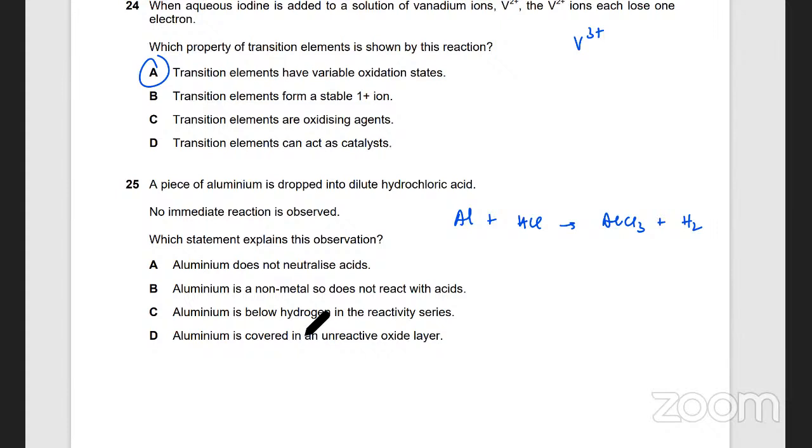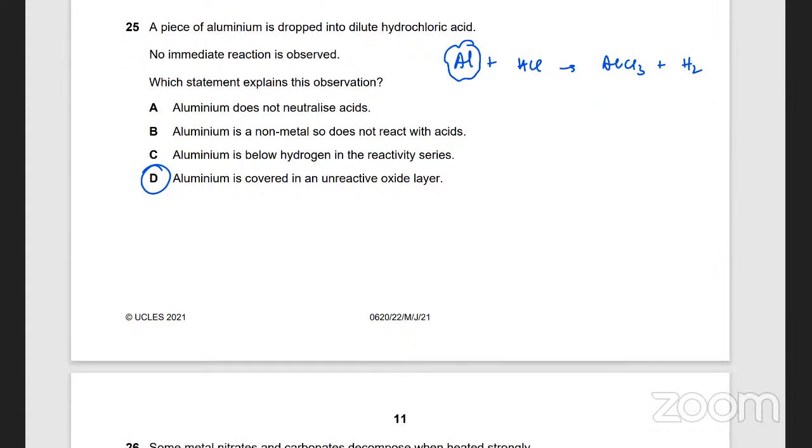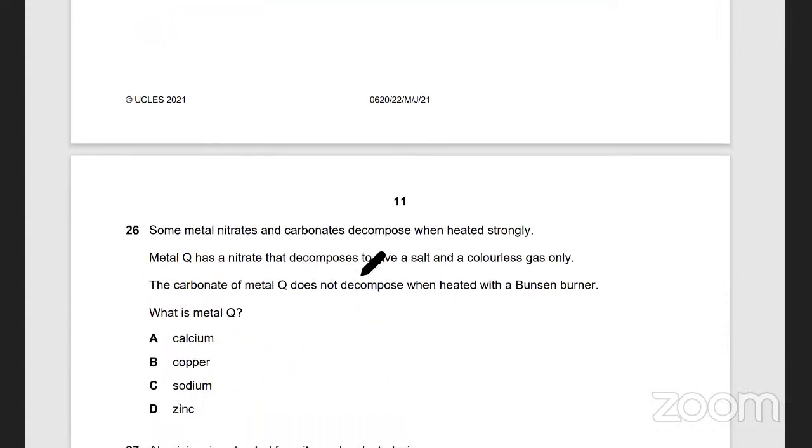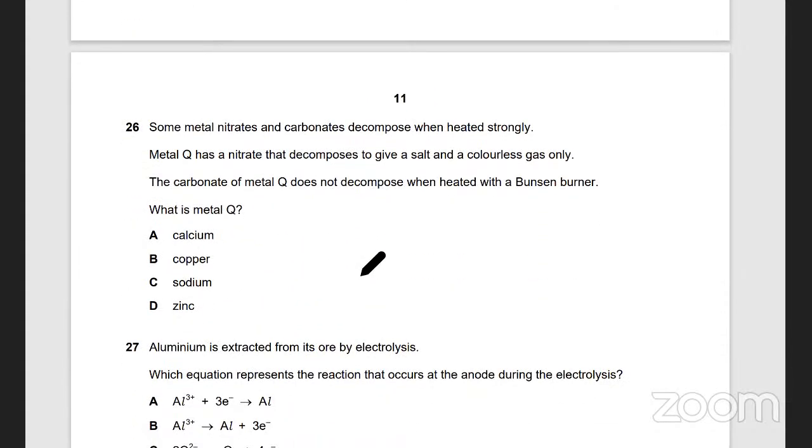D is correct because aluminium is covered with an unreactive oxide layer. ठीक है. तो पहले उसके टॉप से वो layer उतरेगी, उसके बाद it will start reacting. वाटर के साथ it doesn't even react. लेकिन एसिड के साथ the layer has to dissolve and then it will start reacting. So always remember कि aluminium initially unreactive होता है because of the top layer.